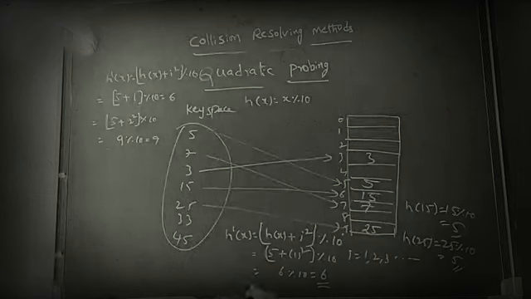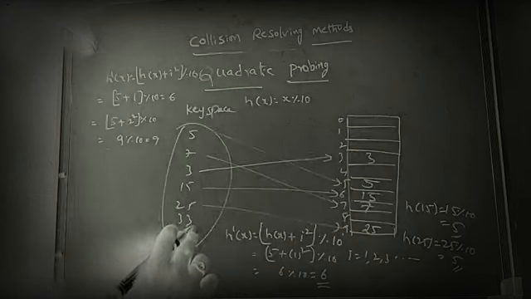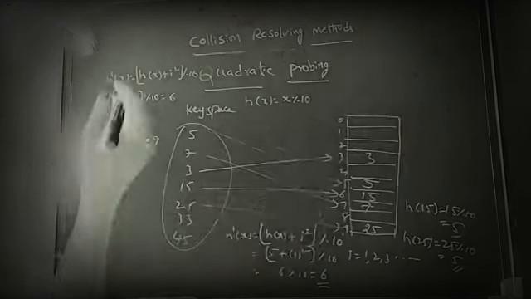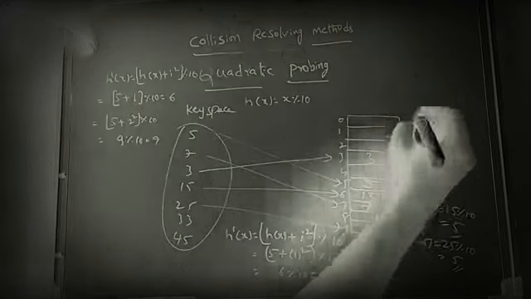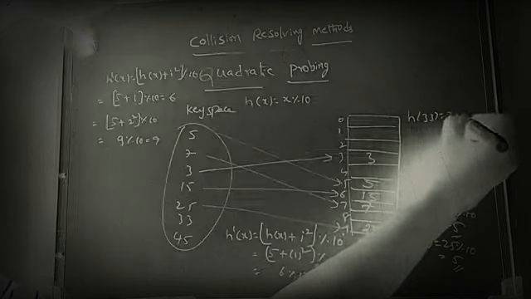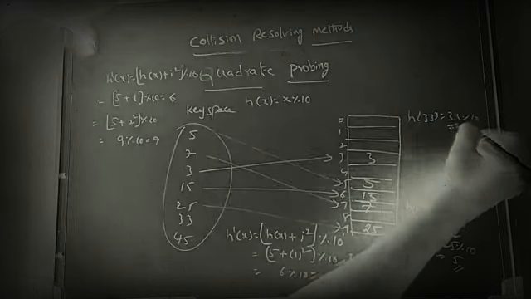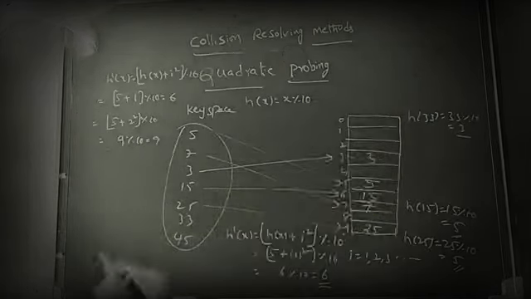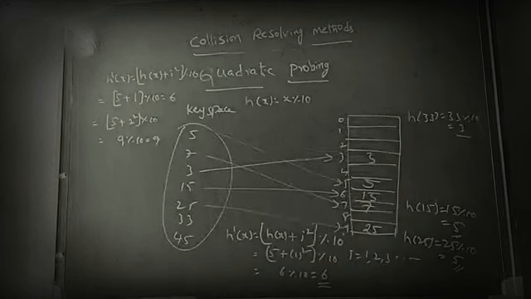33. So 33 remainder is 3. Already 3 is there. Then apply the formula. Here I write h(33) equal to 33 mod 10, remainder is 3. The third index has the element 3, so a collision arises.